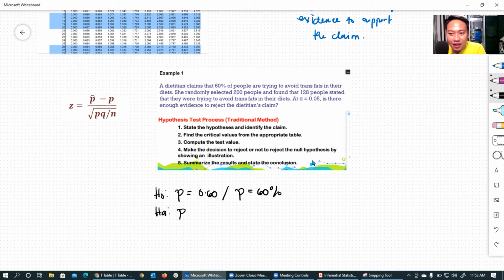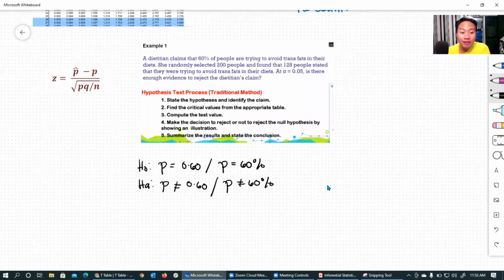Less than, greater than, or not equal to? What do you think? Not equal to. Yes. So you can also write, there you go. Now, find the critical values.